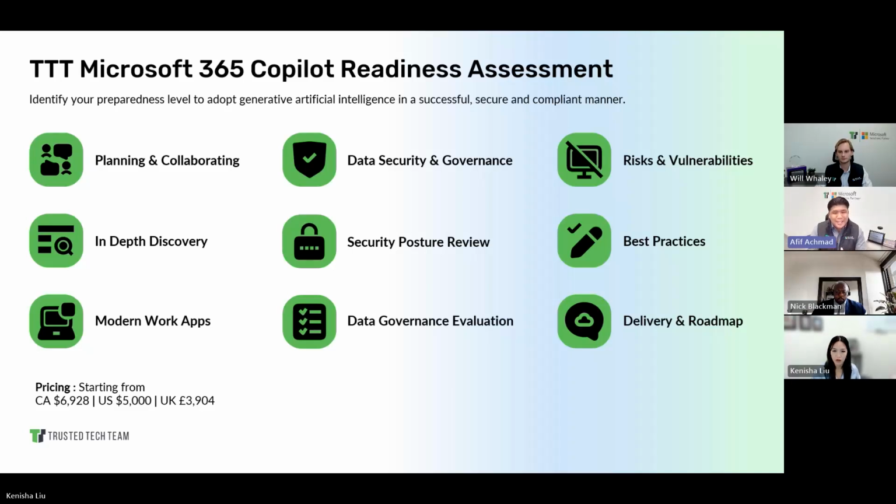So when Copilot is released in your organization, everything is a smooth process. What we do is an in-depth discovery. Going through your M365 environment, we do our due diligence to make sure we go in there and perform this in-depth discovery.